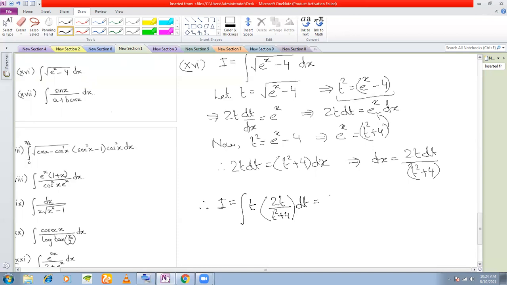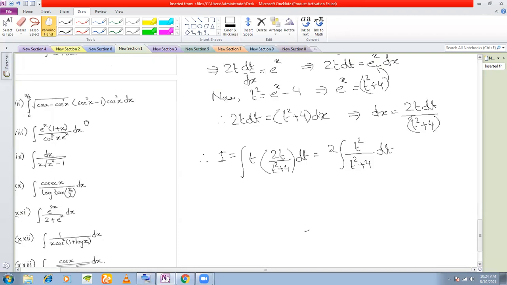Okay, so you can take 2 out of the integration to simply get t square divided by t square plus 4 dt. Now how to integrate this?